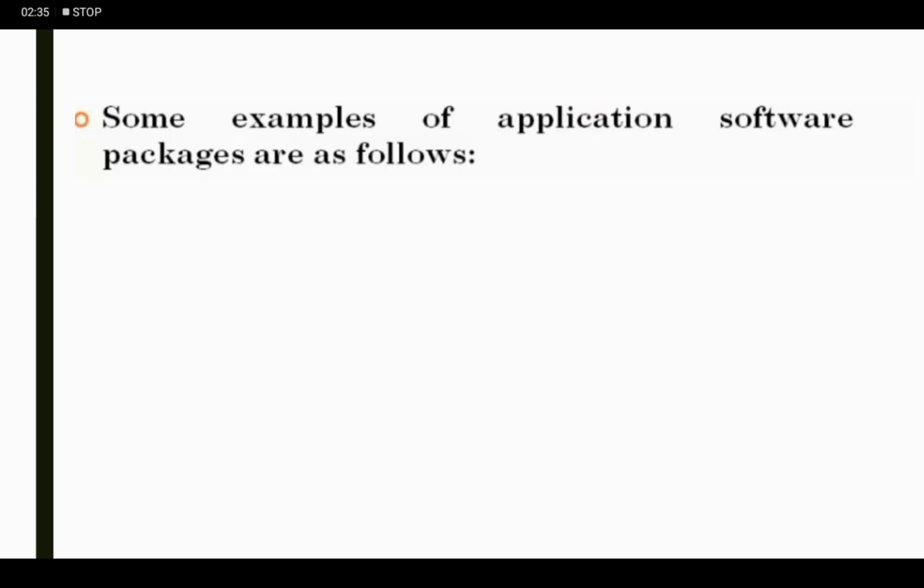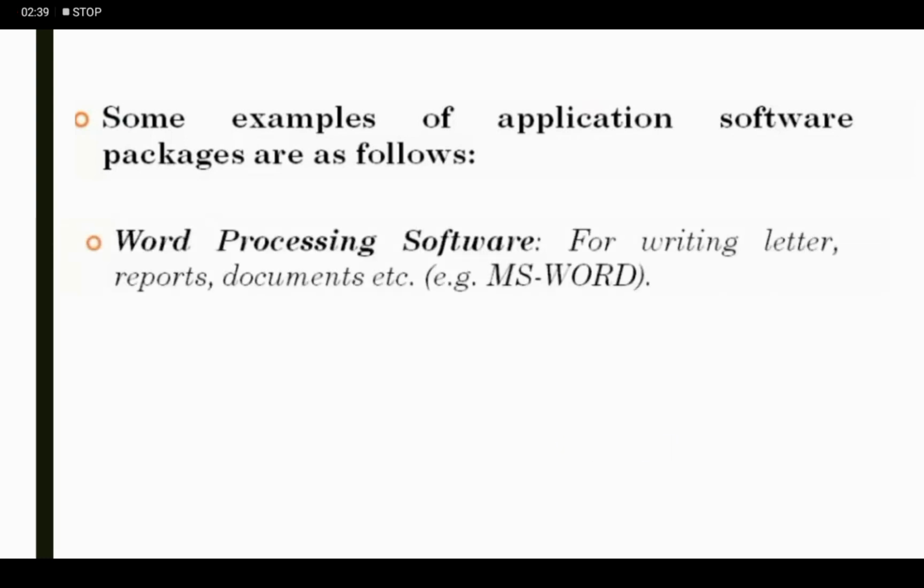Some examples of application software packages are as follows. First one is word processing software. As we are already aware, word processing software is basically used for writing letters, reports, documents and many more things. A common example of word processing software is MS Word.